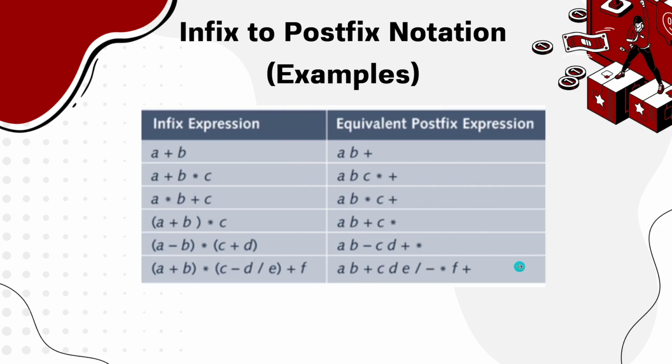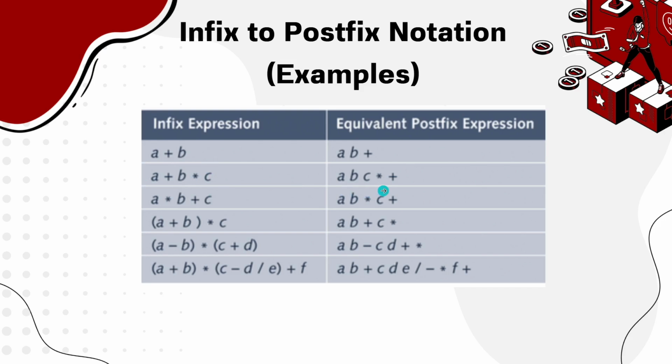Here I have given you some more examples for converting an infix expression into a postfix notation. The first one is the very basic example which I told you before. In the second example you could see we have plus and star, and you know star has more precedence than plus, so that has to be evaluated first. If we had done this manually, then we would have put brackets to denote that this has to be done first, followed by a plus b star c, right.